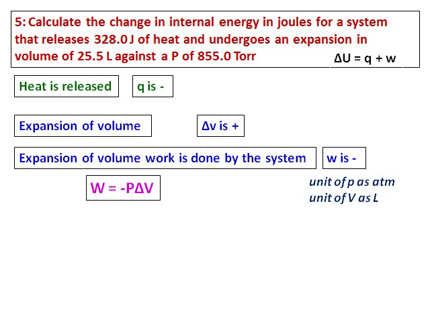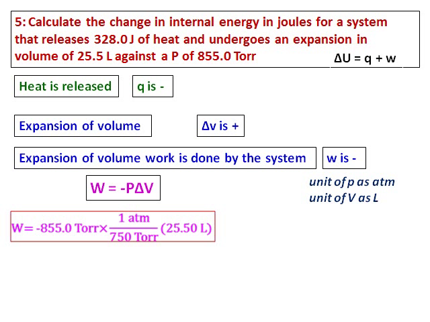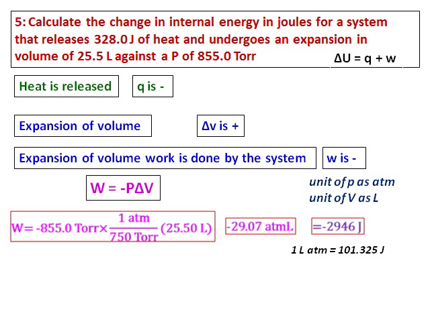The volume should always be in liters and pressure should be in atmosphere. So convert the pressure into atmosphere and multiply it with the volume to get the work done in liter atmosphere, and as expected it comes negative. Then convert that into joules using the conversion factor, 1 liter atmosphere equals 101.325 joules.